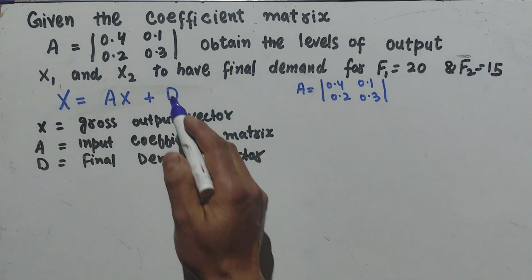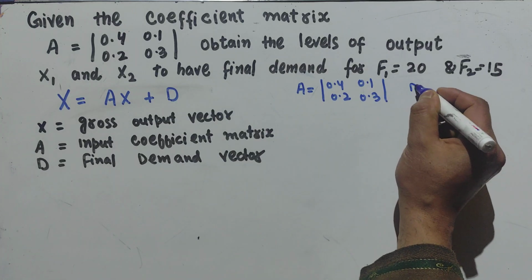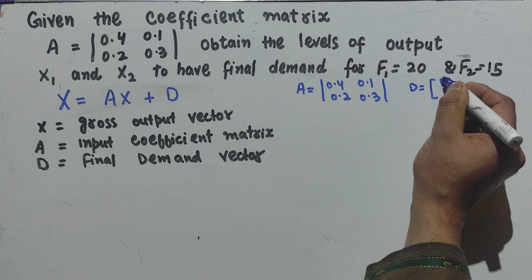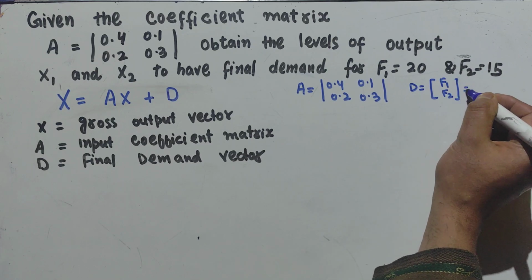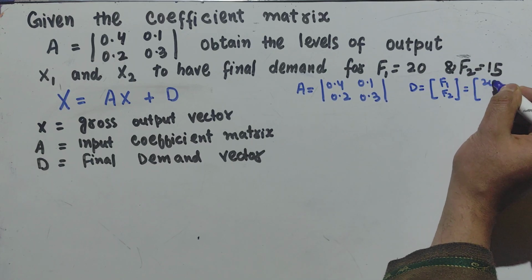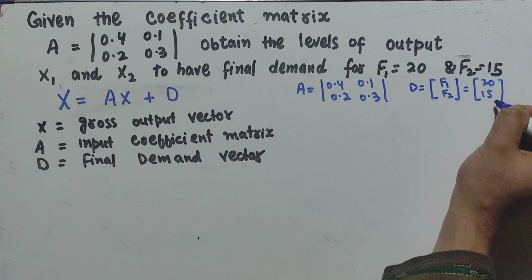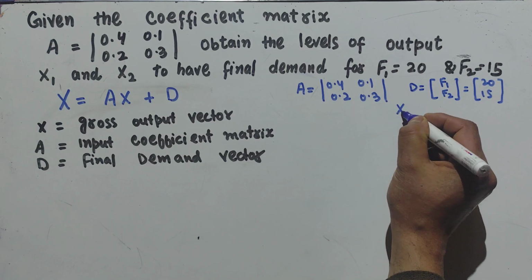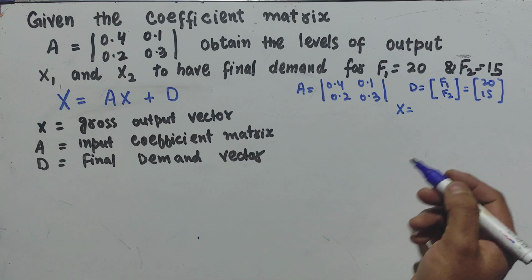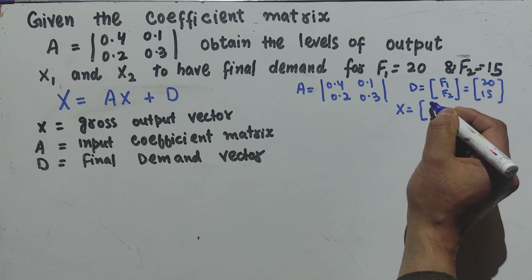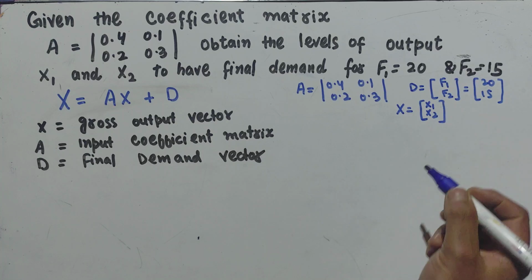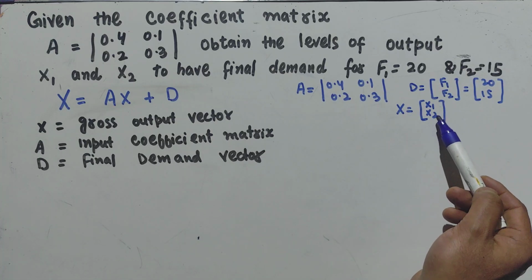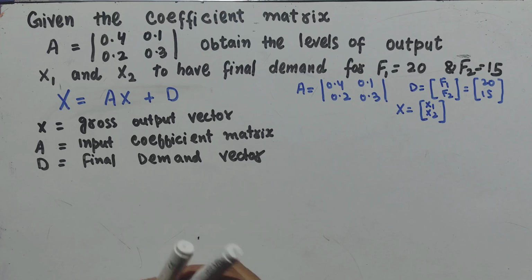D is equal to f1 and f2, our final demand, which is in fact 20 and 15. X is the gross output vector, X equal to x1 and x2. We need to find the levels of output, that is x1 and x2, for this Leontief input output model.